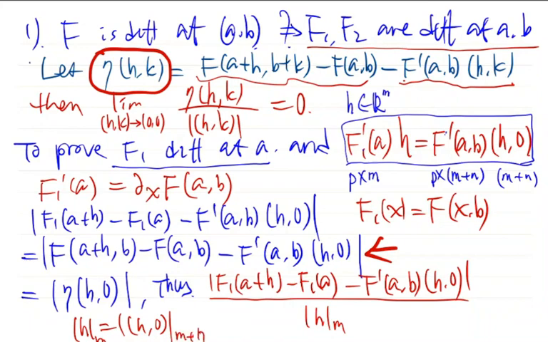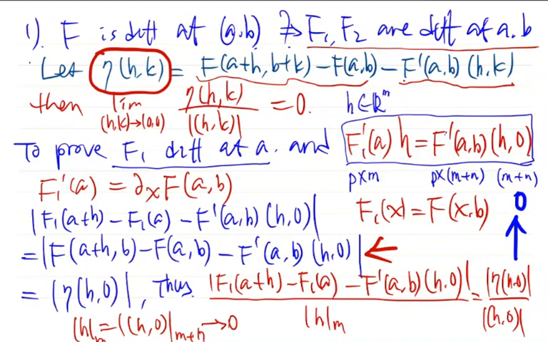So when h goes to 0, this is precisely the norm of eta(h, 0) divided by the norm of (h, 0). Because eta divided by the norm of (h, k), in particular taking k to be 0, has limit 0, we conclude that this right hand side goes to 0. So because this limit is 0, we see that this goes to 0.